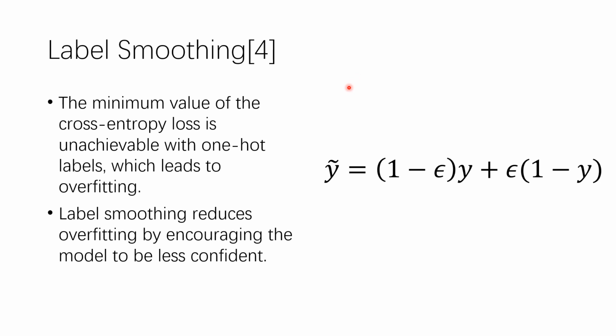Suppose we are in a binary classification case. Instead of using the true labels of 0 and 1, we use an epsilon to set zeros to epsilon and ones to 1 minus epsilon. This trick makes the minimum of cross-entropy reachable and encourages the model to be less confident, thus is able to reduce overfitting.